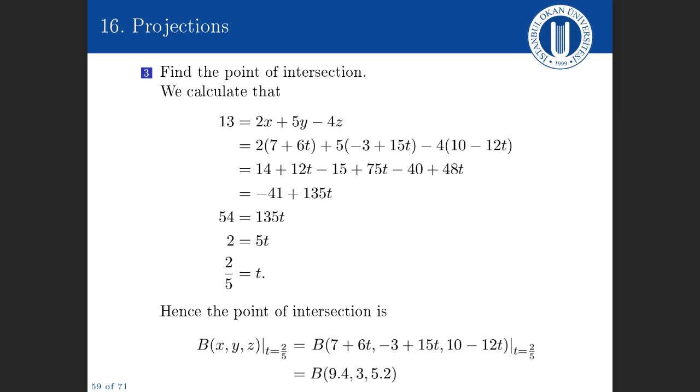First, I want to find the point of intersection. So just as we did before, start with the equation for the plane and substitute in the line parametric equations. Replace x by 7 plus 6t, etc. I'll leave this calculation for you to check. You can check that the point of intersection is (9.4, 3, 5.2).